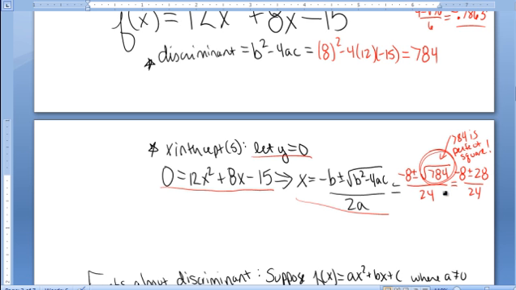But this time we did get rid of that square root because 784 is a perfect square. And so x equals negative 8 plus 28 over 24, which is the number 5/6, or x could equal negative 8 minus 28 over 24, which is the number negative 3/2.